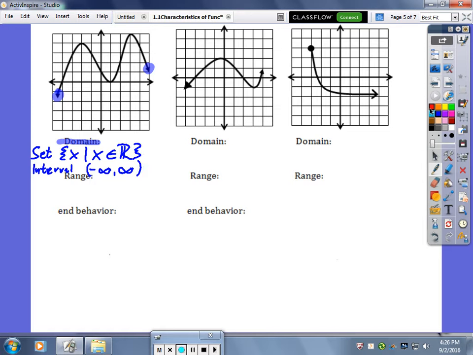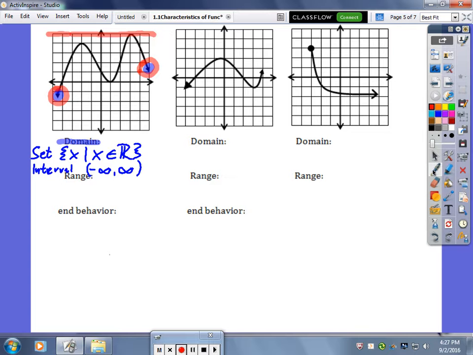Now let's look at the range. The range seems to go down until negative infinity, which is indicated by this arrow, and also by this arrow. But there is a highest point, the greatest value, which is right here, and that value seems to be positive 5.